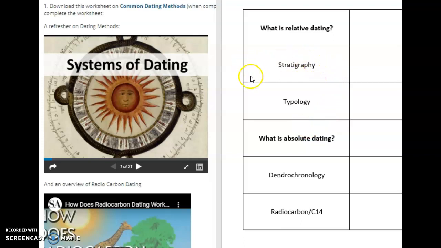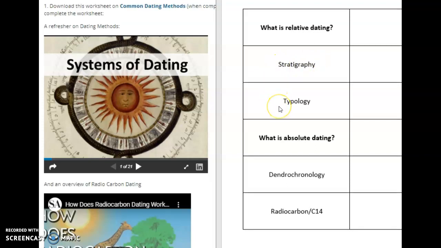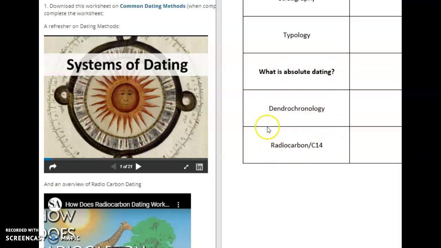Just as an overview, we have stratigraphy and topology, which are relative dating methods, meaning they don't give us a specific date, but we can tell if something is older or younger than something else. And then we have absolute dating, which we can use dendrochronology, so the study of tree rings and tree growth, and radiocarbon dating, also known as C14 or carbon-14 dating, which is analysing the amount of carbon-14 compared to carbon-12 in any once living thing.